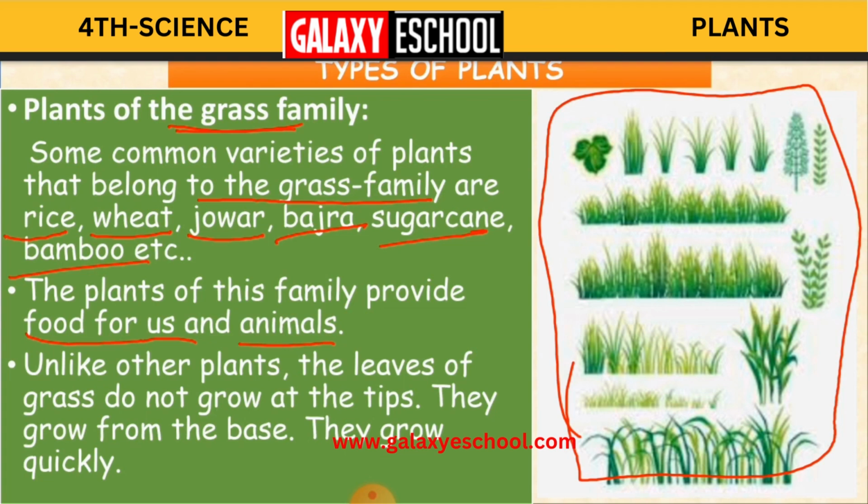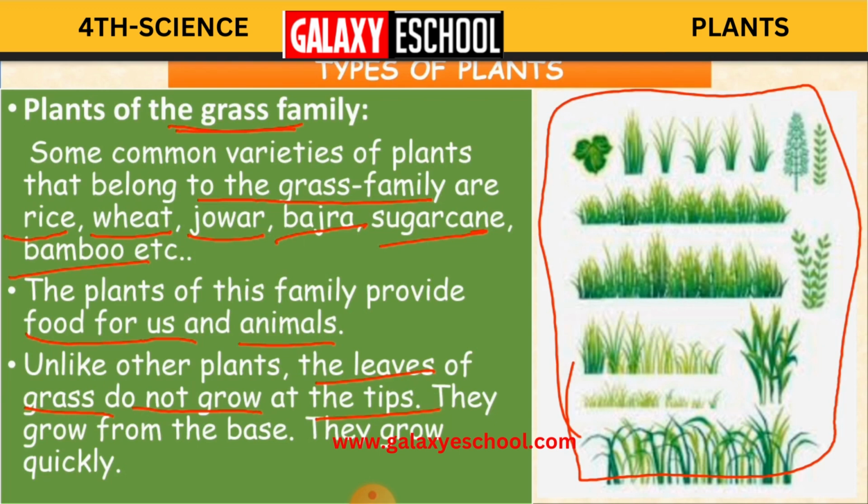Unlike other plants, the leaves of the grass do not grow at the tips. If you see the other plants, children, as we learned, a plant has a stem, the stem has branches, and the branches get new leaves, and it starts growing.